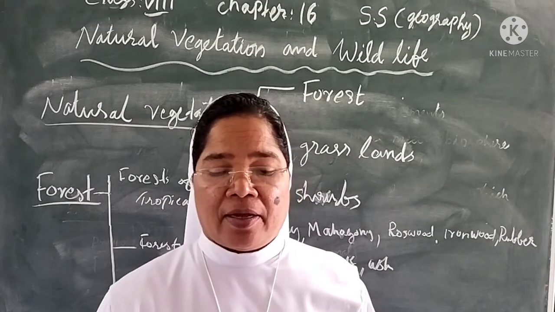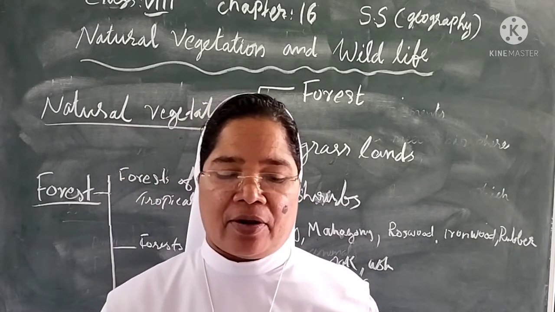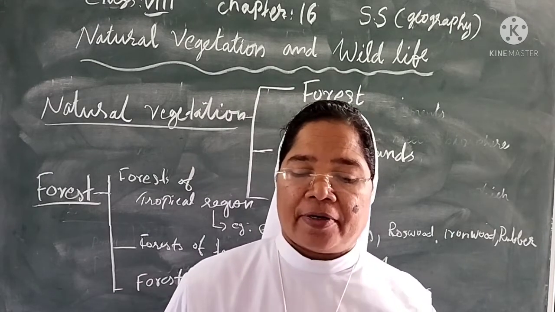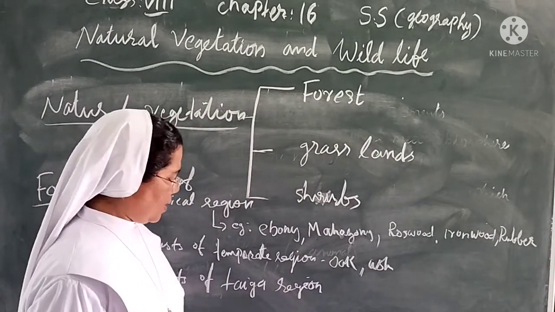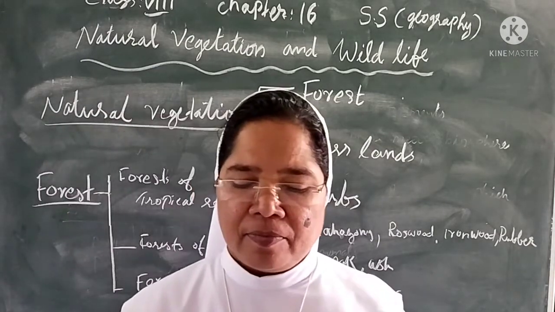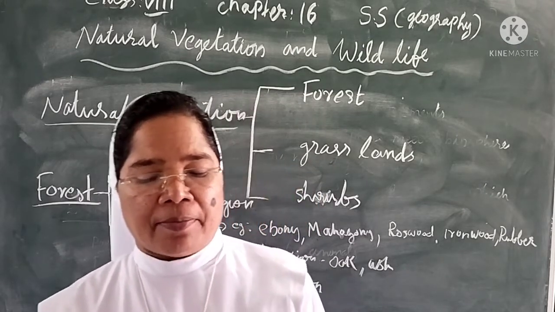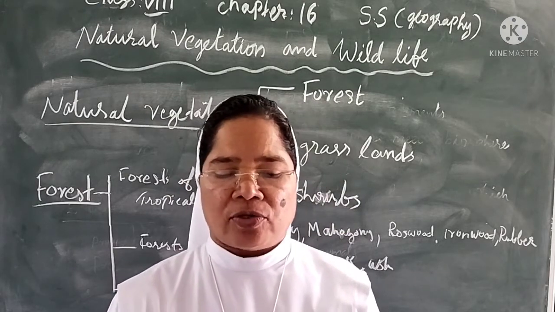Coniferous forests are mainly found in the taiga region. Coniferous trees are evergreen trees. However, some large deciduous trees are also found here.